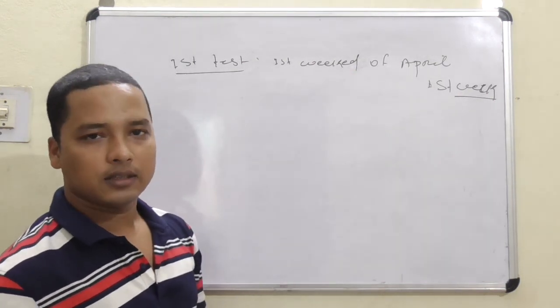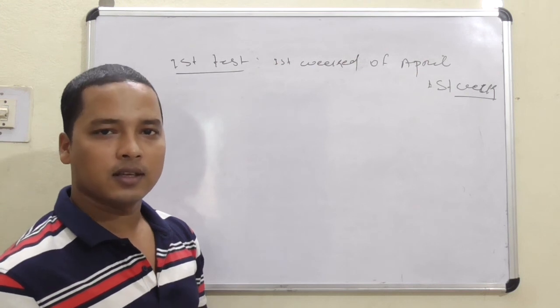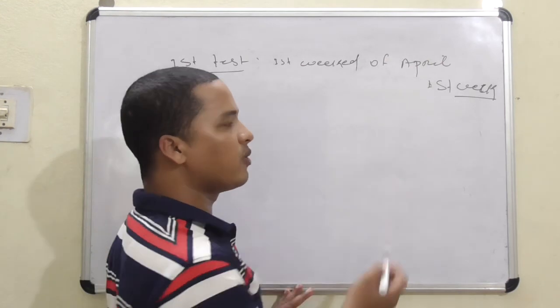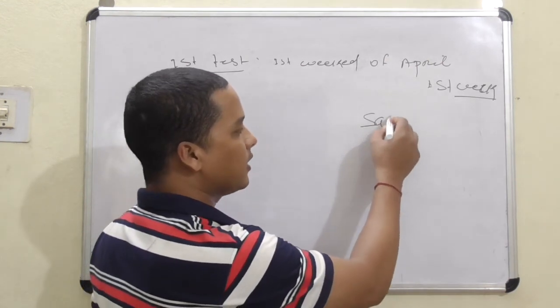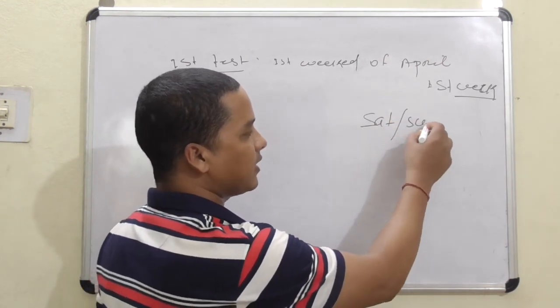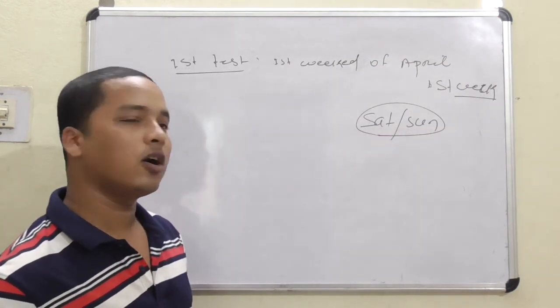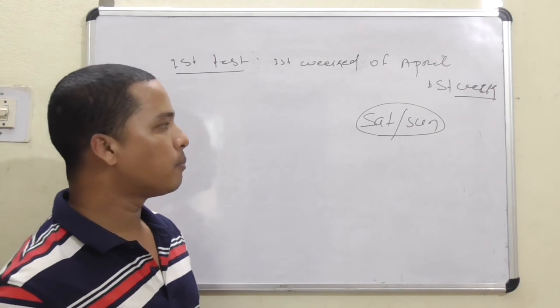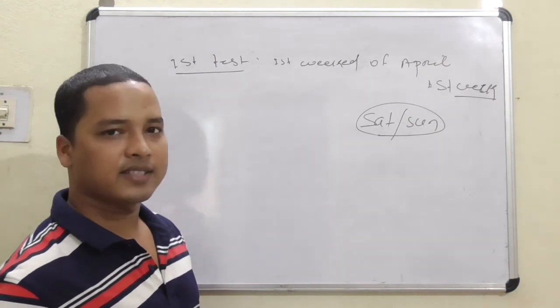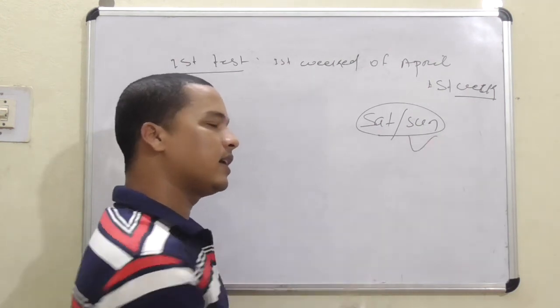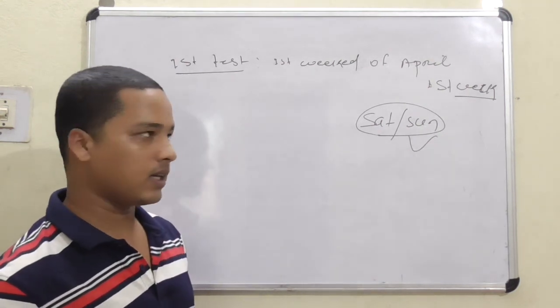That means the first week of April, on the weekend, Saturday and Sunday, both days. Either you can give the test on Saturday or on Sunday. But I will decide: if the maximum number of students prefer Sunday, then I will prefer Sunday.